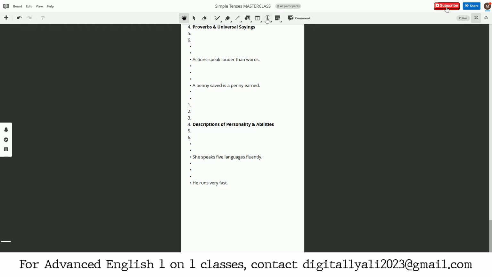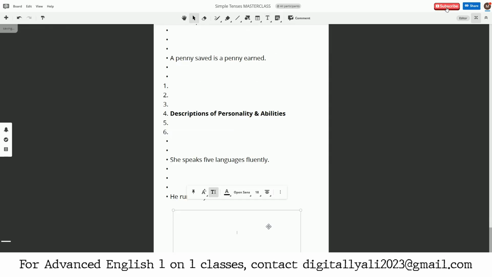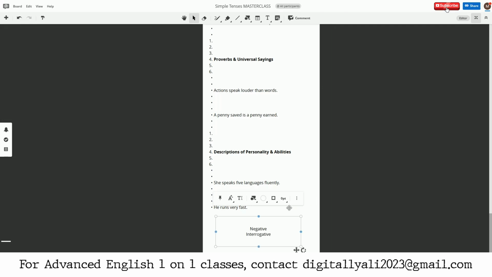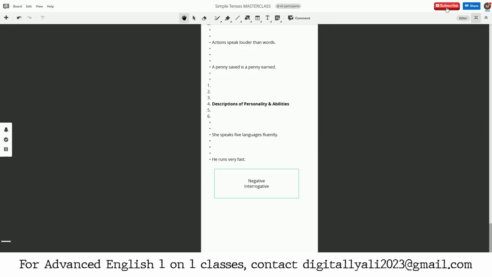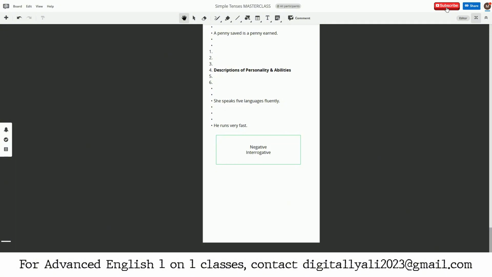Now what we do is negative and interrogative. Okay, in the present simple, for negative sentences, you just put a negation before the verb, and in interrogative you just take the helping verb before the subject, right? So first of all, I'll give you the formula.